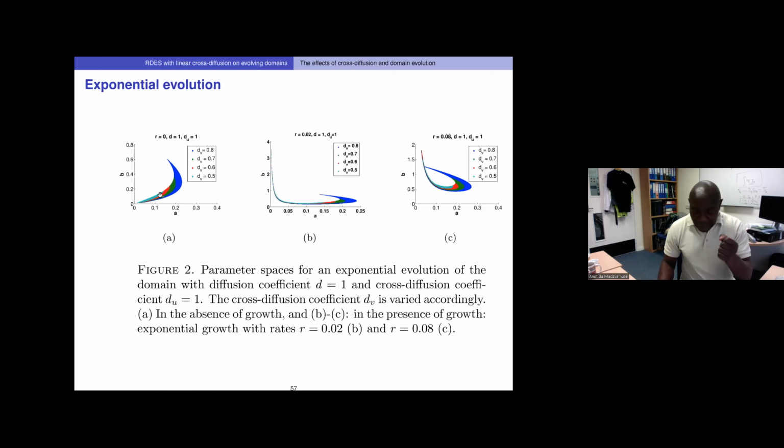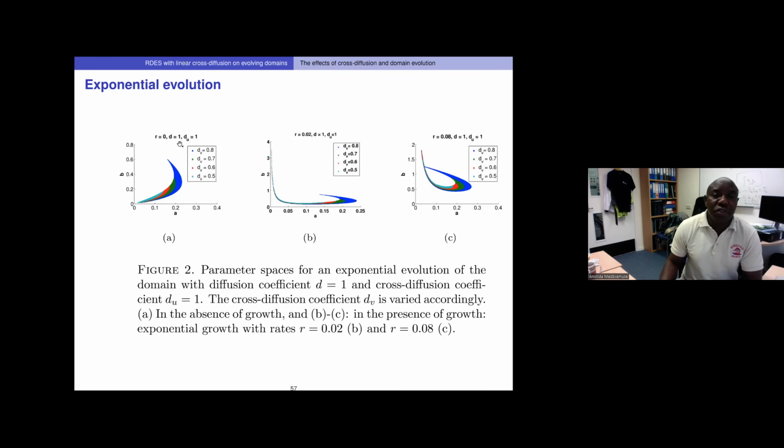So I reiterate again, I solve the models in the absence of cross diffusion. Even if I have domain growth, I do not have these patterns, or on stationary domains.